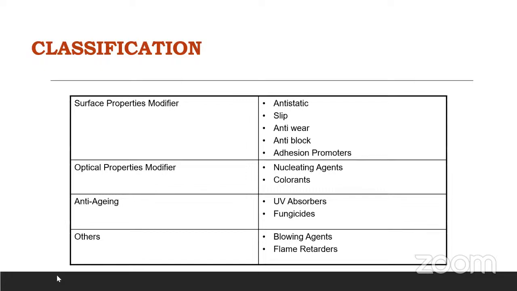Then flame retardants are again one type of example. Flame retardants are generally added when you target to increase the flame resistance of your material, or when you try to reduce the flammability of the material.